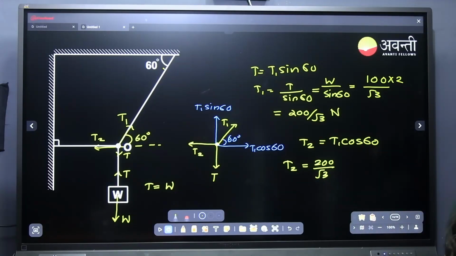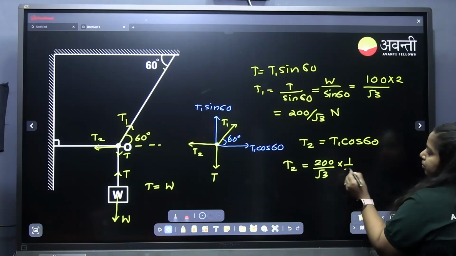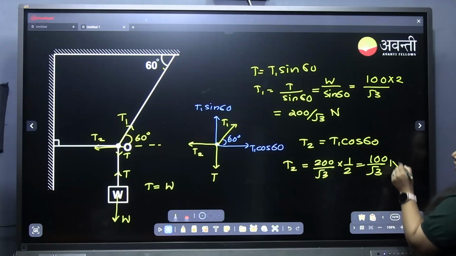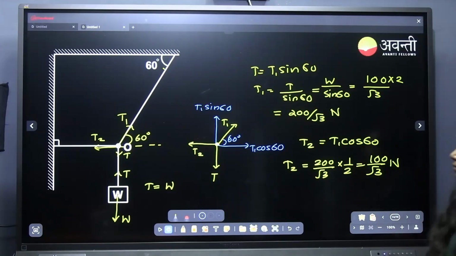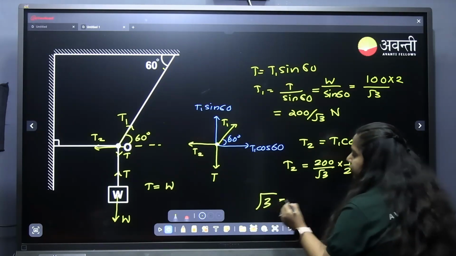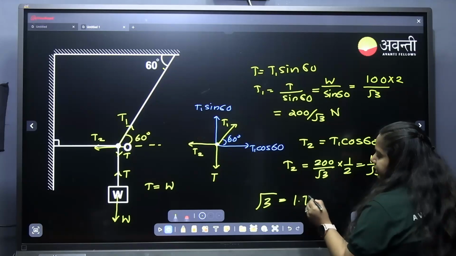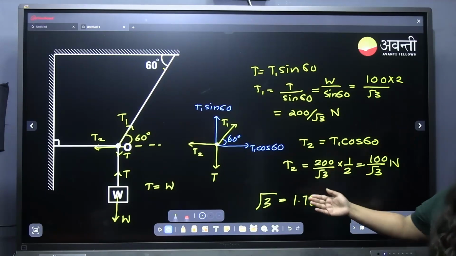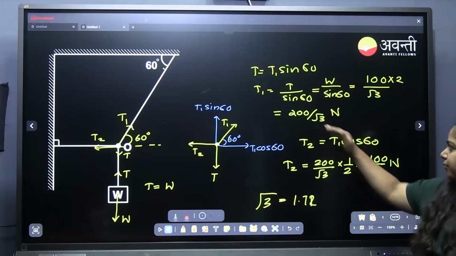What is cos 60? That is equal to 1 by 2. So this will be 100 by root 3 Newton. If you want, you can substitute root 3 equal to 1.71 or 1.72, and you can find further also, but I am stopping here.